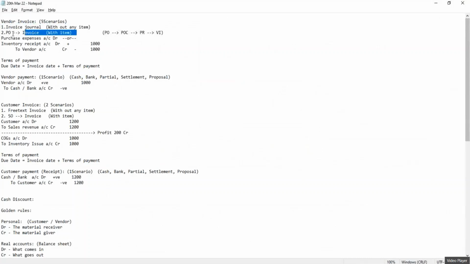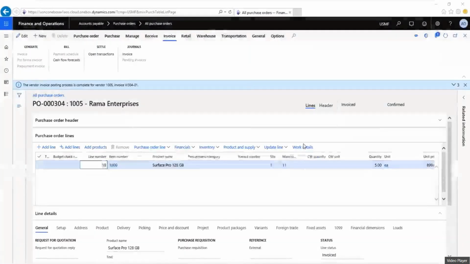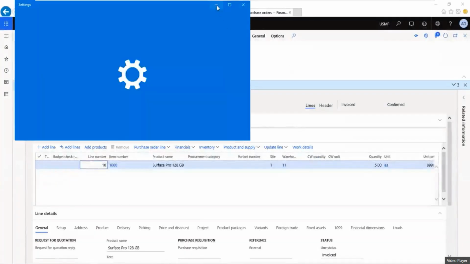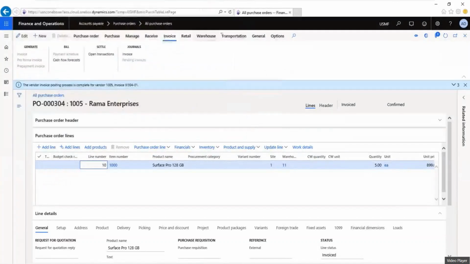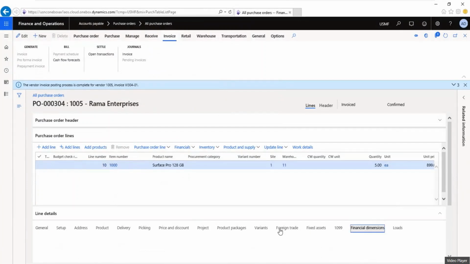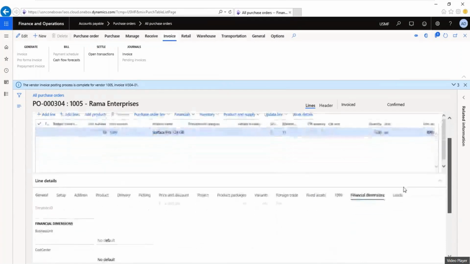This is with item. While doing this, I think Sai is asking, right? You are asking about two business units. So for the first item, you can select financial dimensions, business unit, and for the second item, whenever you are entering, select the second business unit.